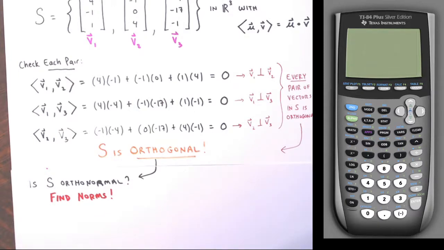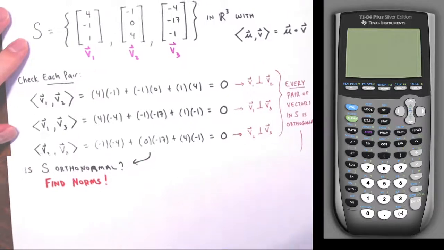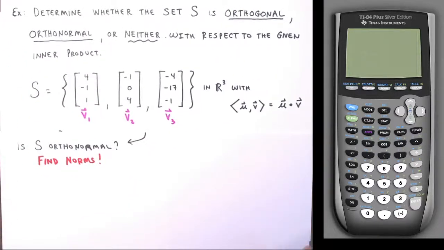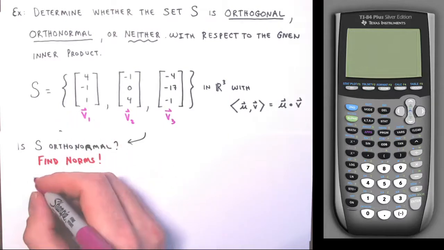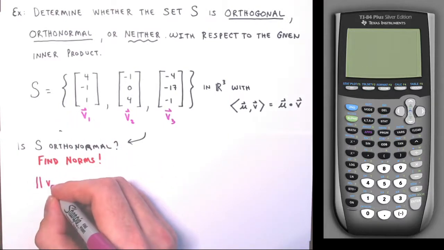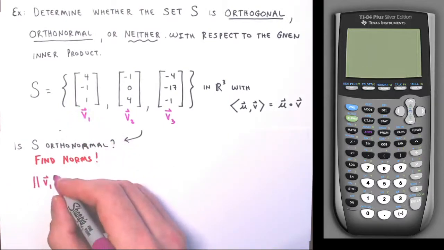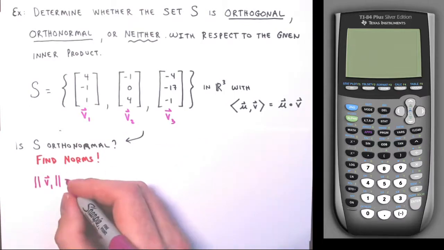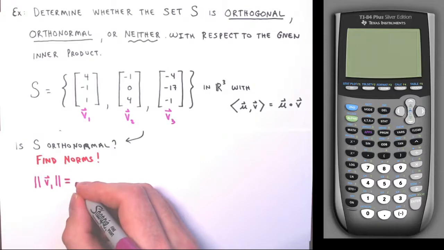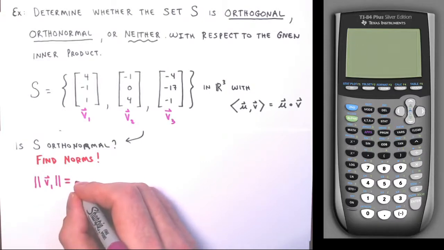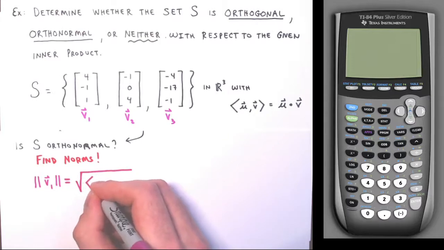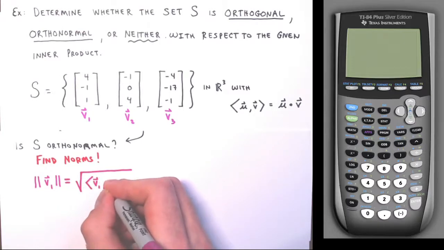So again, back up here, I know the set's orthogonal, so now I'm just going to find the norms, see if it's orthonormal. What's the norm of vector v1 there? Now remember how to define the norm in an inner product space. The norm of a vector was the square root of the inner product of that vector with itself.